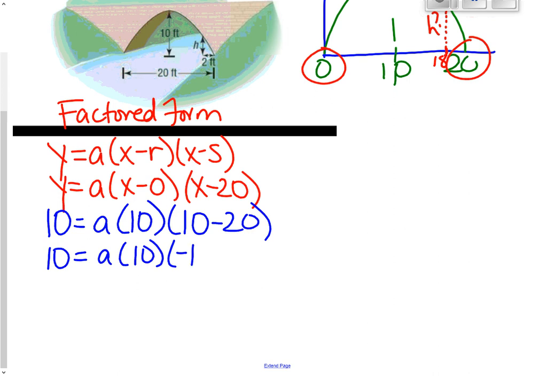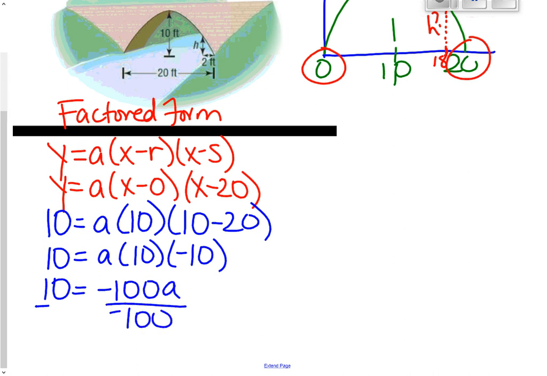10 minus 20 is -10. 10 times -10 is -100. And 10 divided by -100, you can write that in a whole bunch of different ways. You can leave it as 10 over -100.